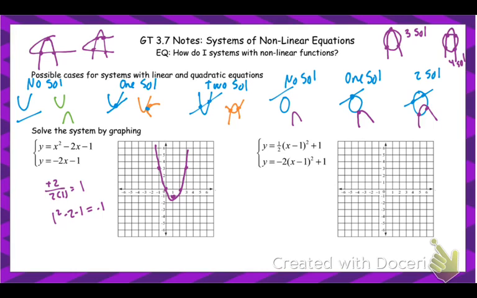Then I'm going to graph the line negative 2x minus 1. And I'm going to actually draw the correct vertex on my parabola. Sorry about that. That's going to be a negative 2.